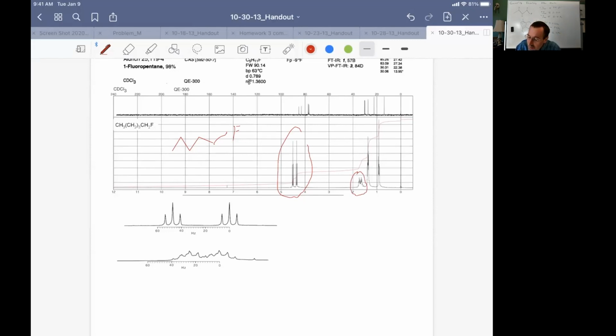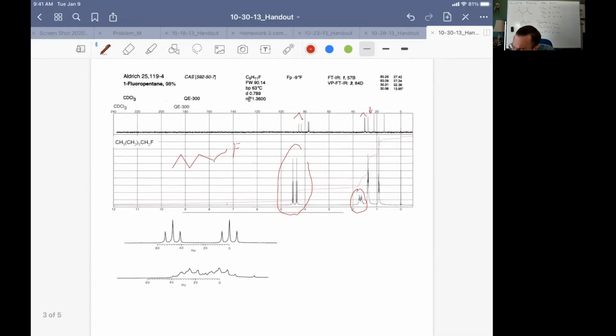Particularly if you then looked at the C13 NMR, you'd say, oh, that's interesting. We have 2 lines here that look like twins and 2 lines here that are so close. And even this peak here is split into 2 lines.